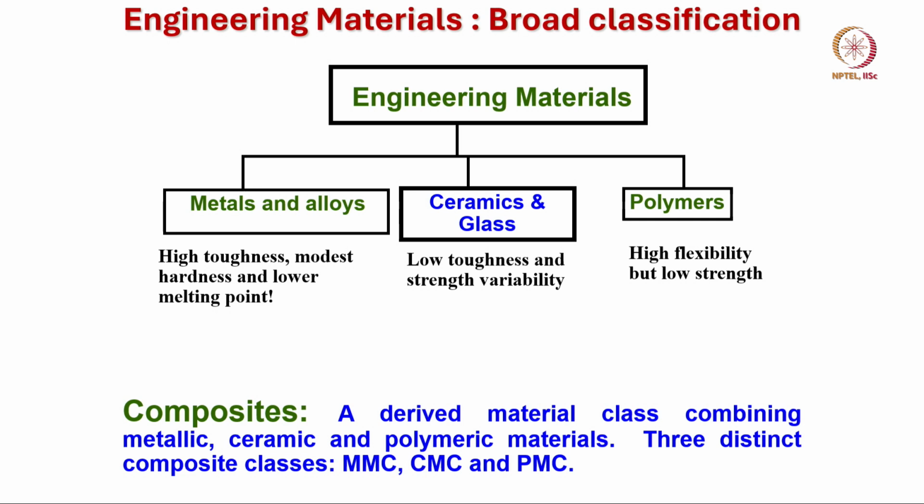Metals and alloys have high toughness, modest hardness, and lower melting point. Ceramics and glasses have low toughness and strength variability. Polymers have high flexibility but low strength.